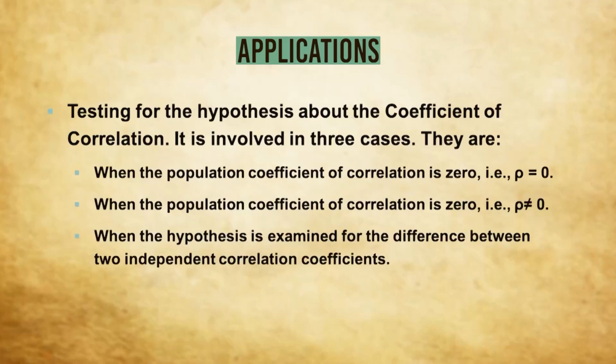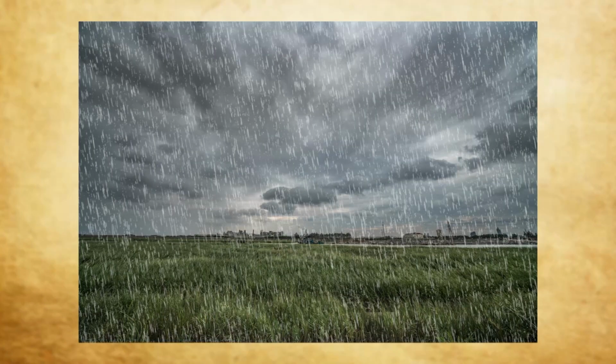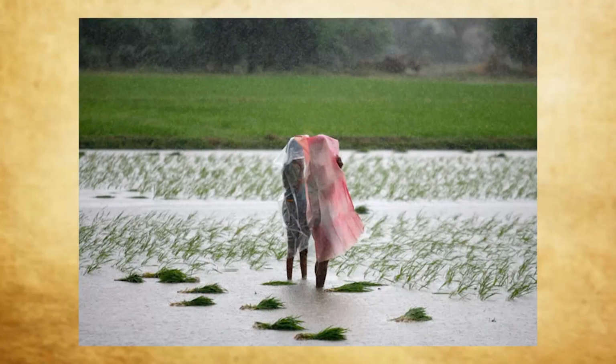We can think of testing about the correlation coefficient. Sometimes we may say that production of paddy depends on rainfall. So, to what extent does production of paddy depend on rainfall? That question may arise. That means whether there is a non-zero correlation between production of paddy and rainfall. Here we may have positive correlation, negative correlation, or zero correlation.